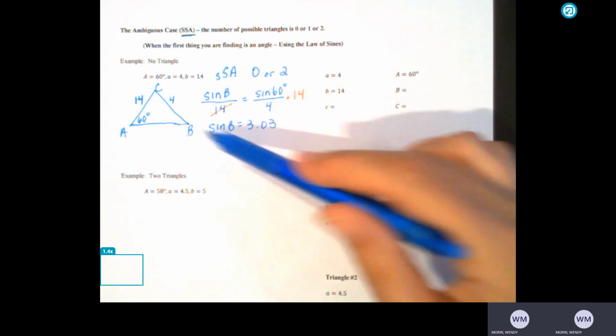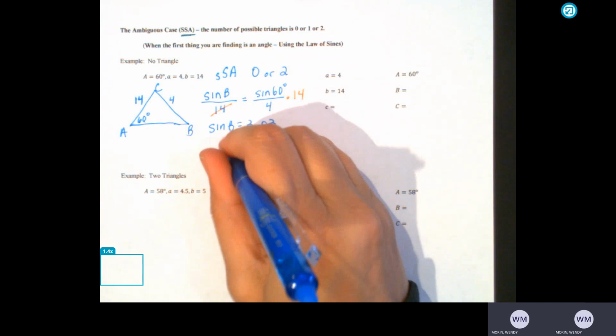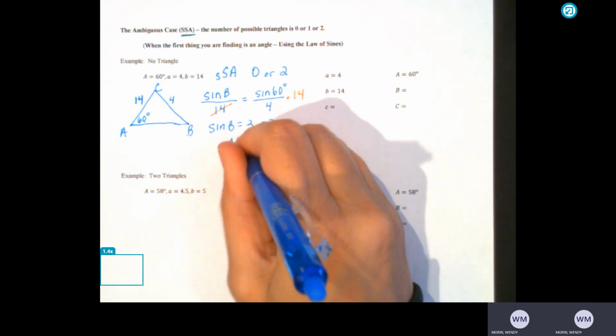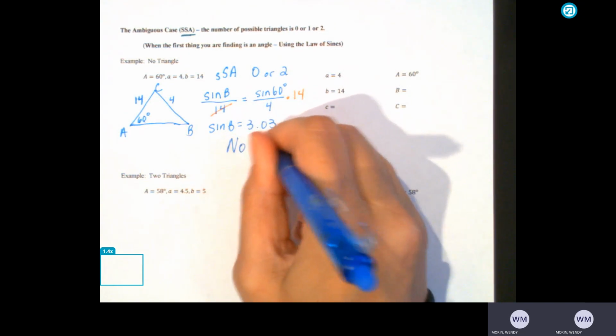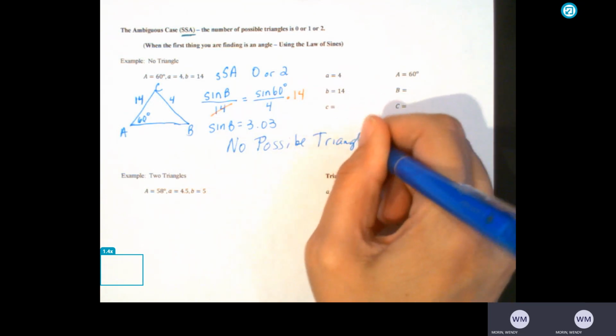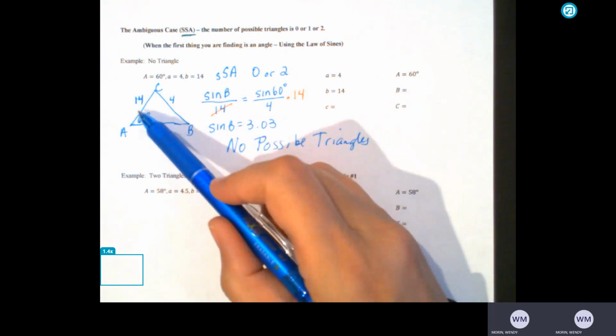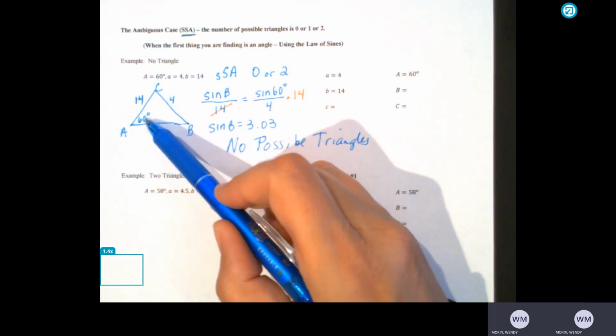So the given information doesn't create a triangle. So there are no possible triangles with that given information. Well, why do you think that is? Well, if this is 14 and this is 60 degrees, 4 is not long enough to touch.